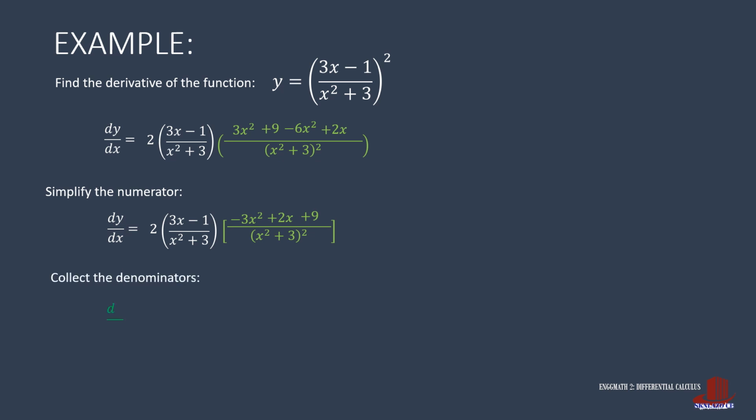Thus, the final derivative becomes twice of the binomial 3x minus 1 times the quantity of negative 3x squared plus 2x plus 9, all upon the cube of the binomial x squared plus 3. Even if we expand quantities further, there isn't any reduction from the numerator and denominator, so we keep this as the final answer.